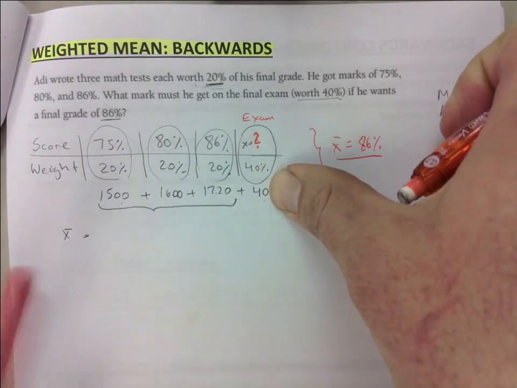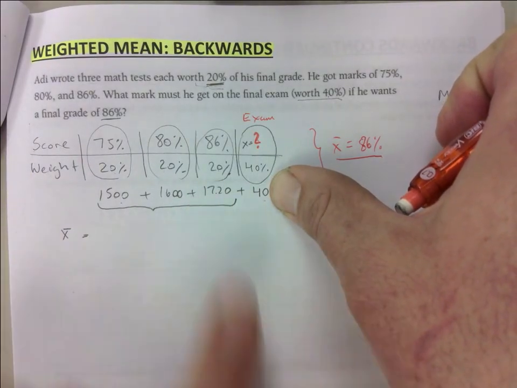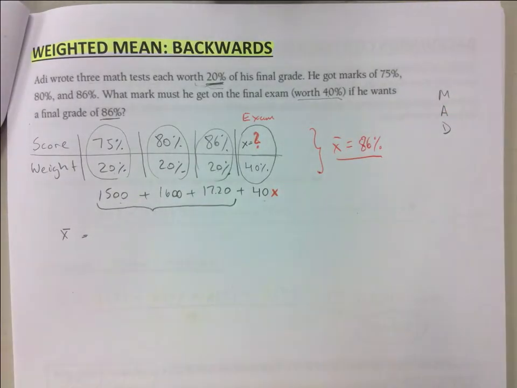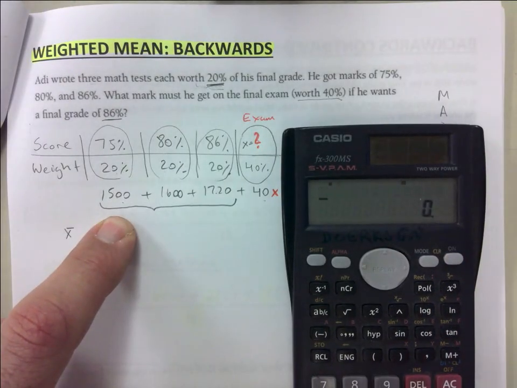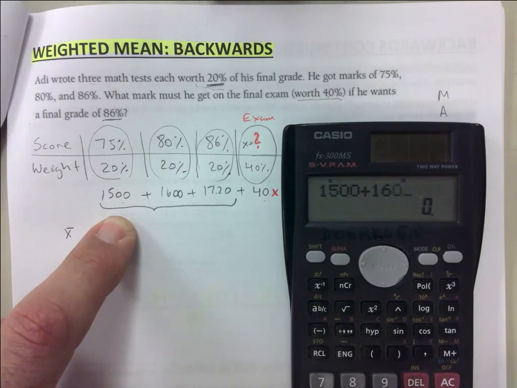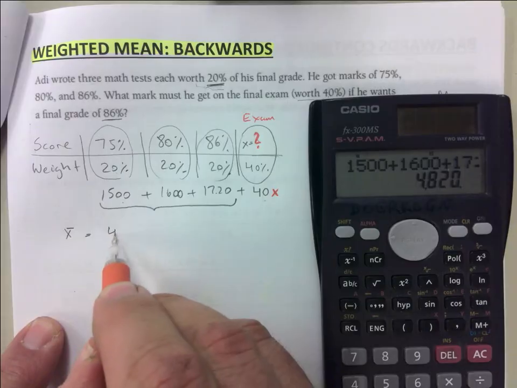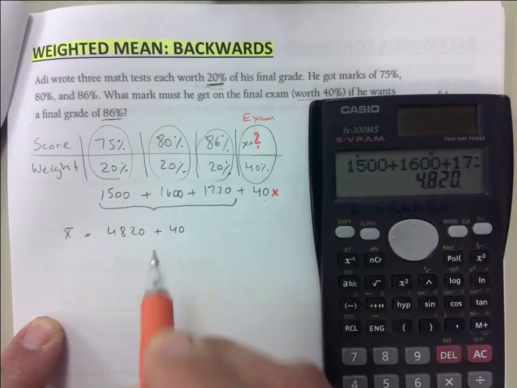Some students just add everything, including the 40, but the 40 is glued to x. We would have to first multiply before we add. So instead, we're going to add everything else. That's 4820 plus 40x.